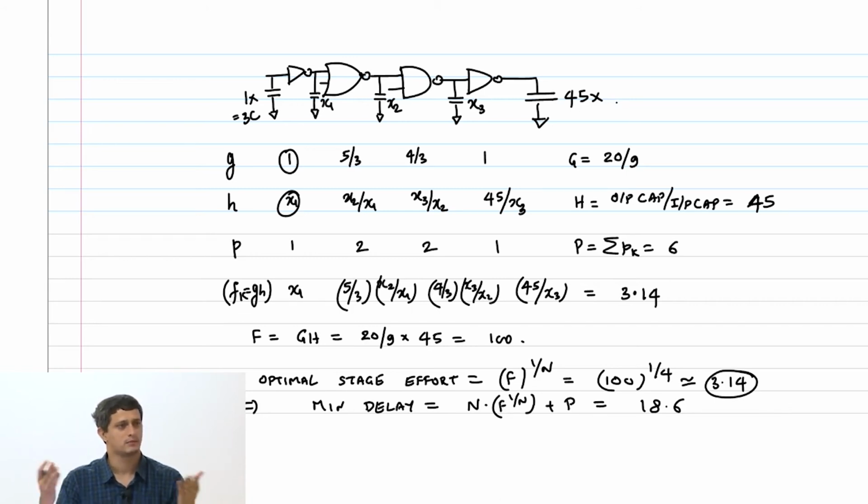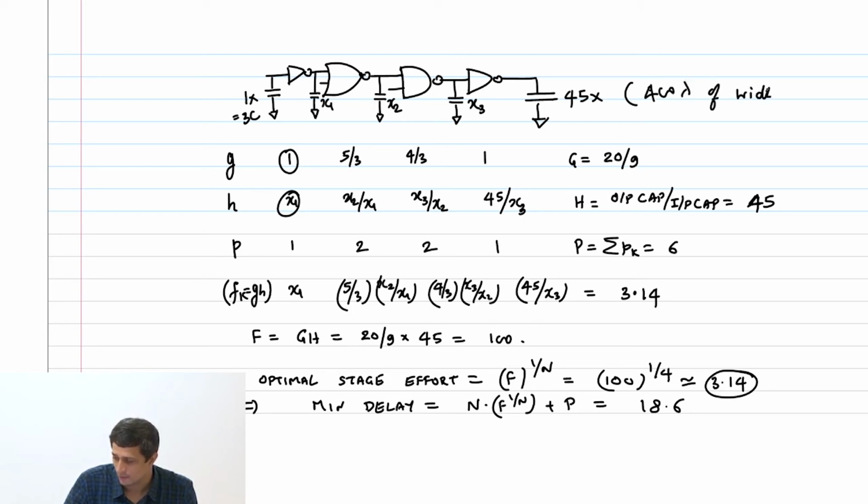So if a unit transistor has a width of 4 lambda and that has some capacitance C, then I will say that this load capacitance instead of 45x can be some 400 lambda of width. I'm just giving different ways of normalizing this capacitance, that's all.